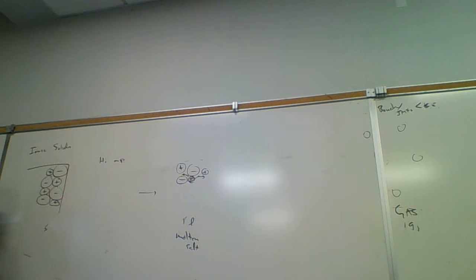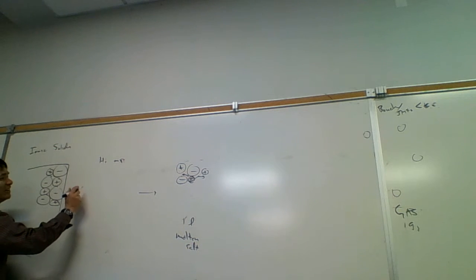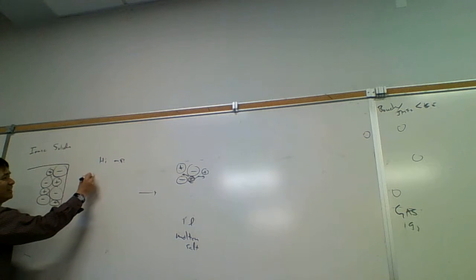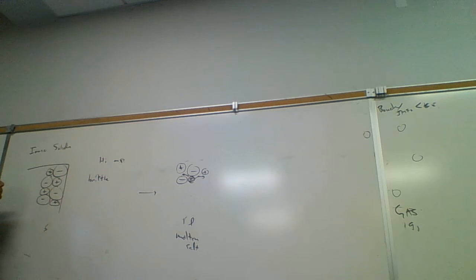Some of the other characteristics, in addition to the high melting point: these are brittle. They're brittle because if you push down on this column hard enough, we're going to displace the ions.